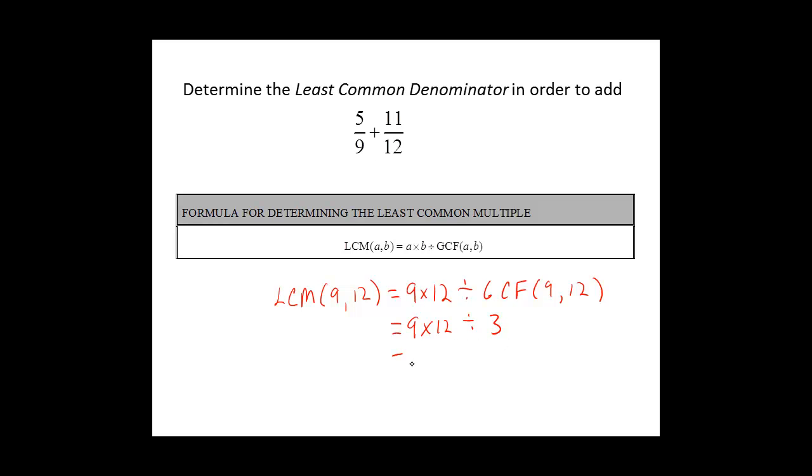So 9 times 12 is equal to 108. And then we divide 108 by 3, and we get 36. So our least common denominator is 36.